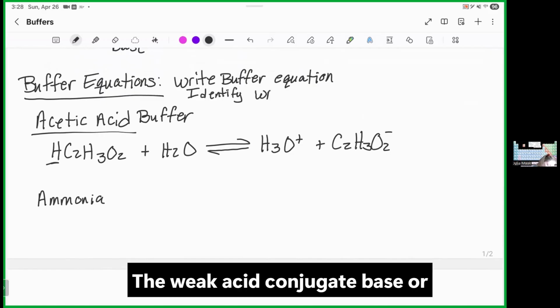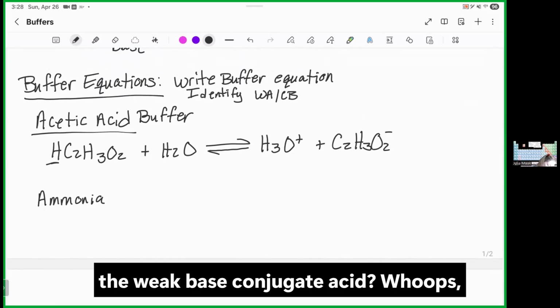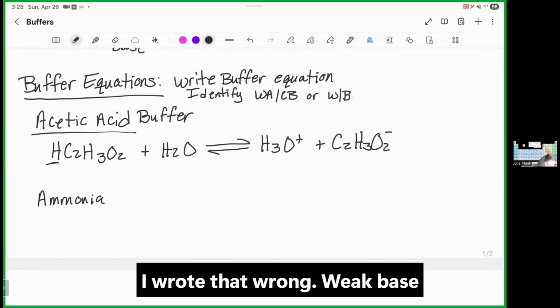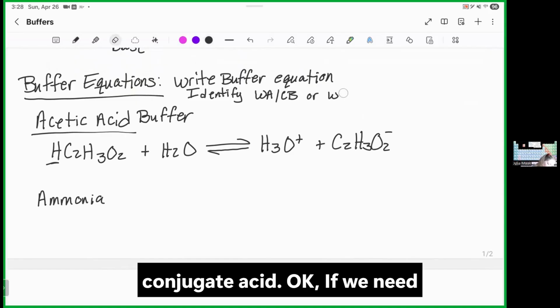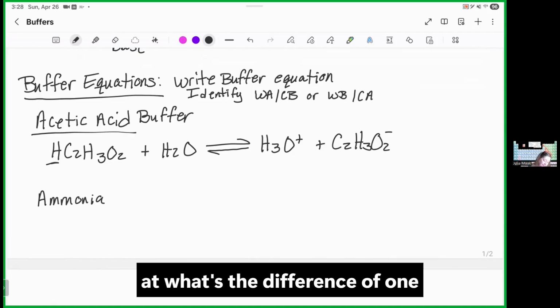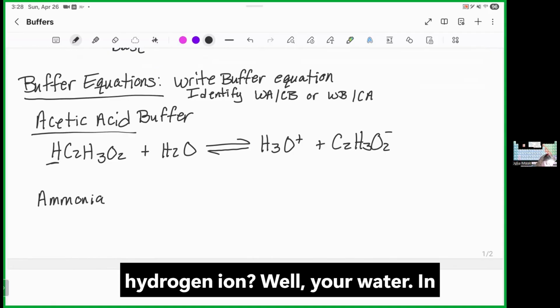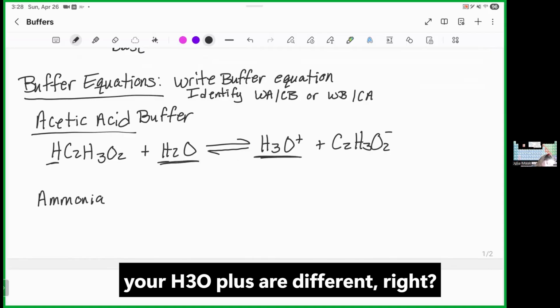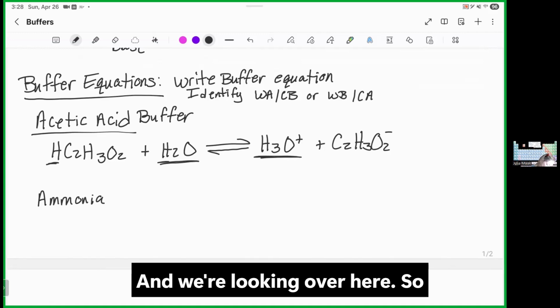So now if I want to identify the weak acid conjugate base or the weak base conjugate acid, whoops, I wrote that wrong, weak base conjugate acid. If we need to identify those, we look at what's the difference of 1 hydrogen ion. Well, your water and your H3O plus are different, right? And we're looking over here.